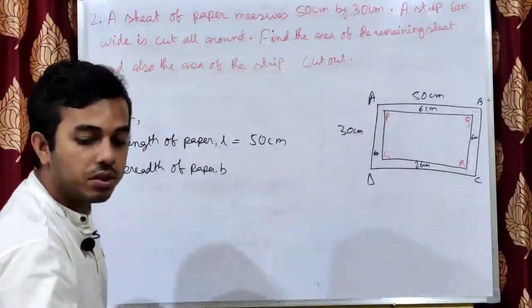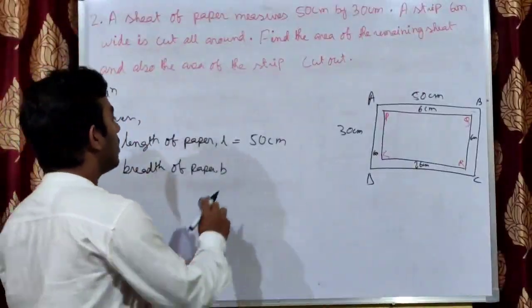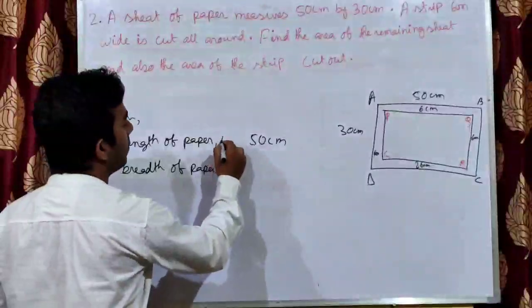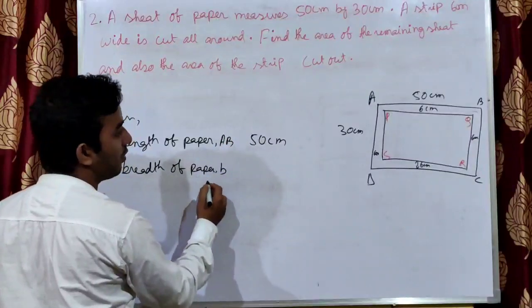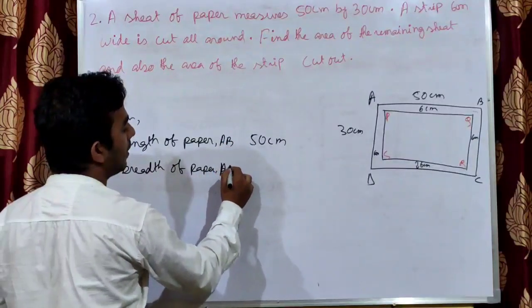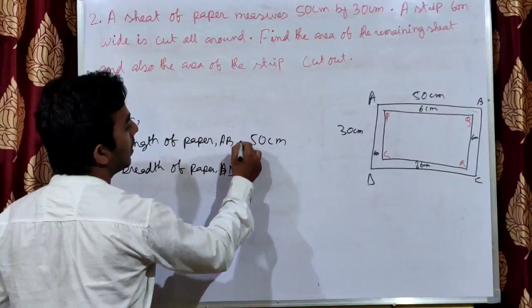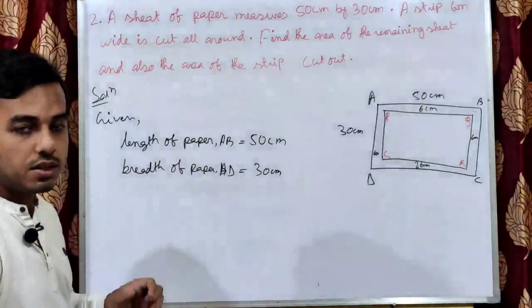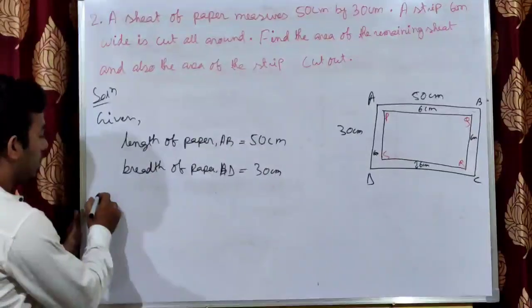We write this length of paper, it is AB, and breadth of paper is AD equals 30 centimeter.